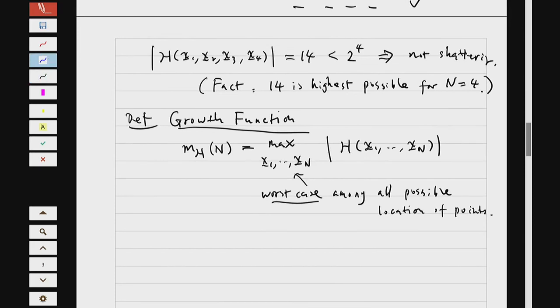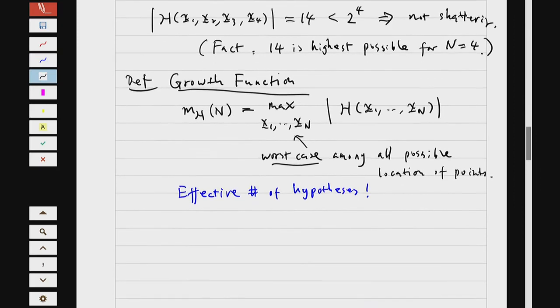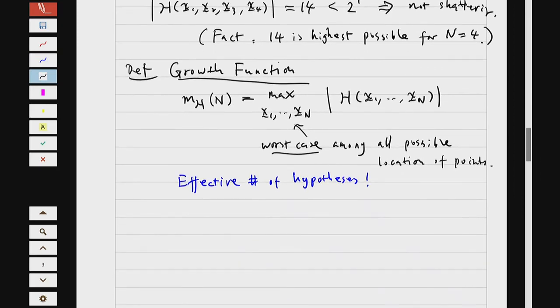And in fact, now this one is what we're going to use as the effective number of hypotheses. We just want to remove the dependency on the data points. Everyone okay with this definition?